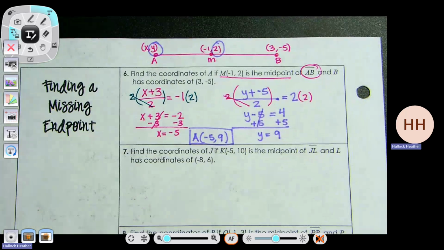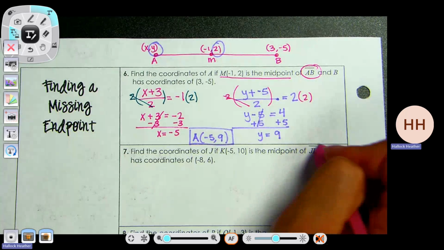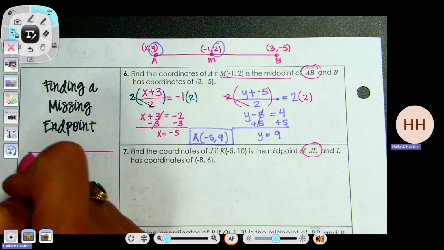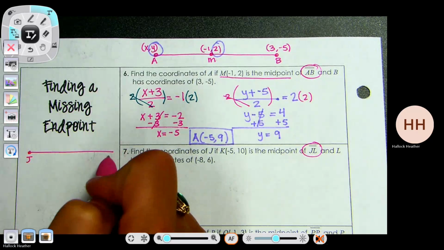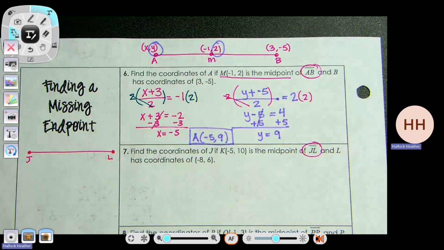J and L. So off to the side, I'm going to use this open space over here. J and L are the endpoints. What's in the middle?